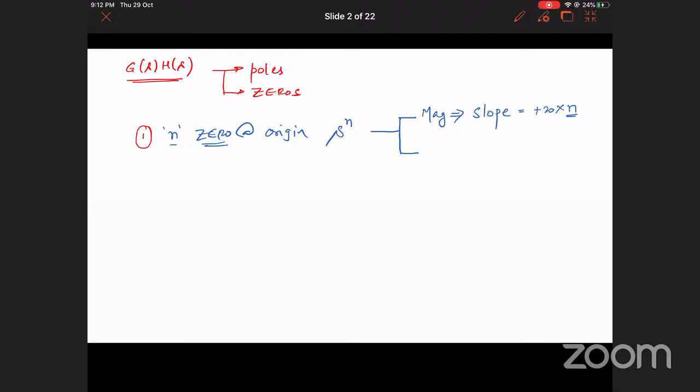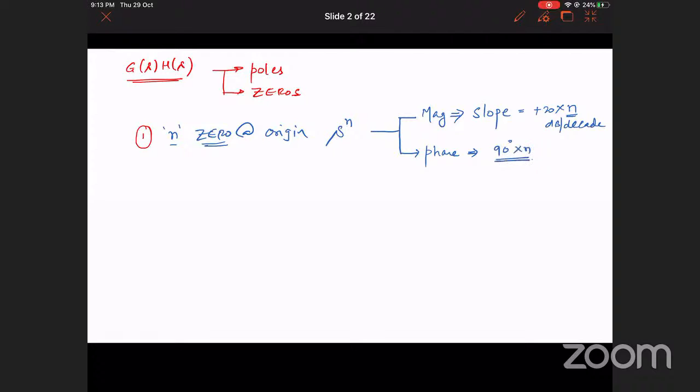So positive 20 multiplied by n decibels per decade. This much slope it is going to contribute. And at the same time, if you look at the phase, then the angle it is going to contribute is positive 90 degrees multiplied by n.